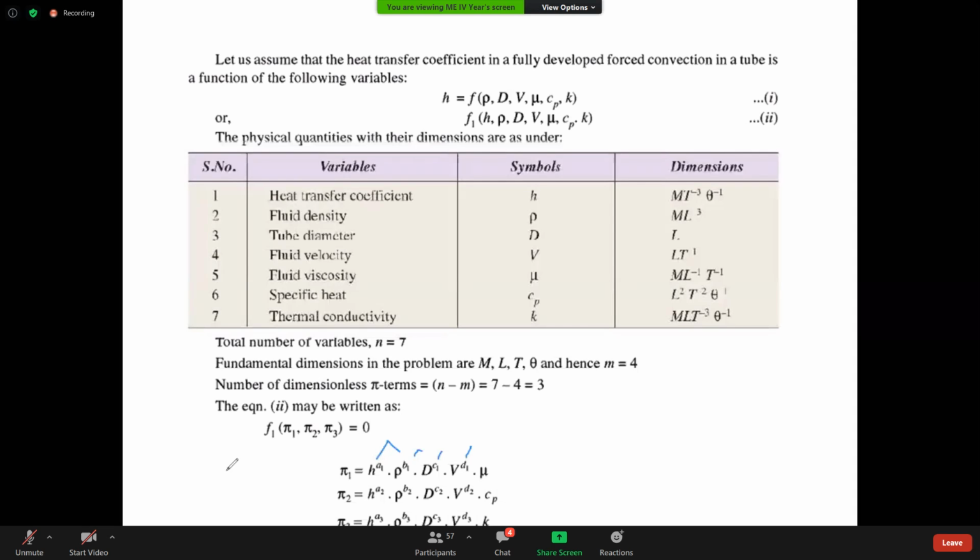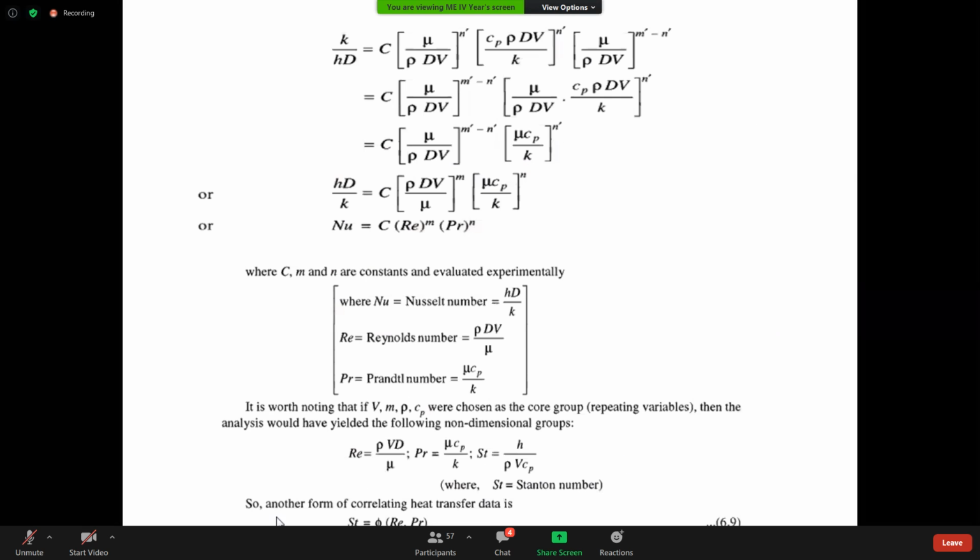Again here M power 0, L power 0, T power 0, and theta power 0, I write here because theta is a new term. The same procedure whatever we have done in the previous solution. This is the solution you have to get.